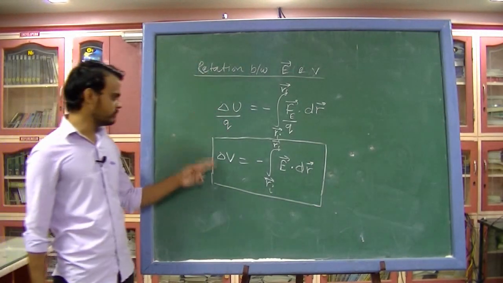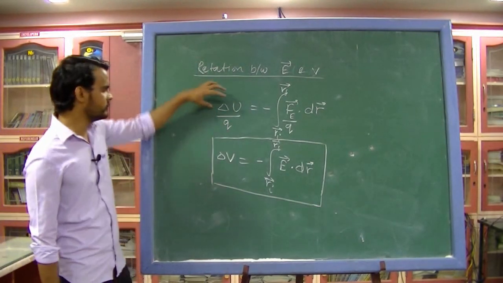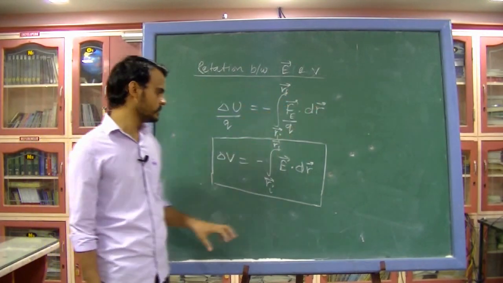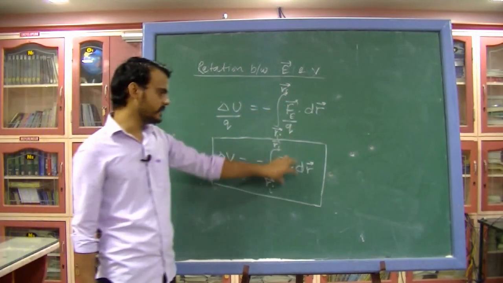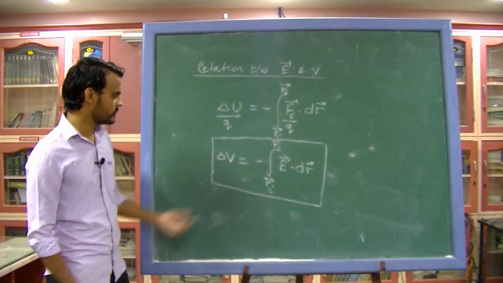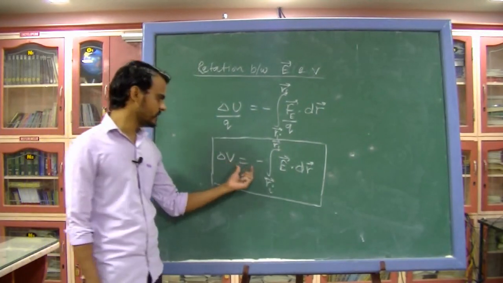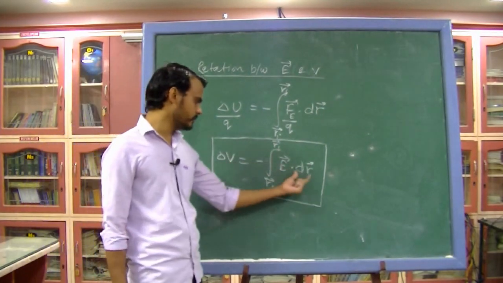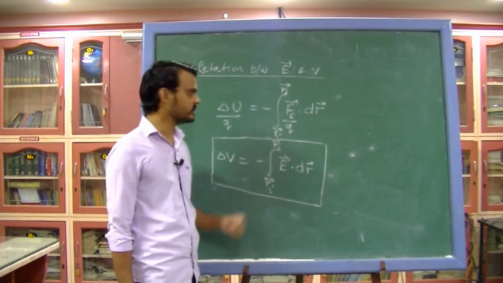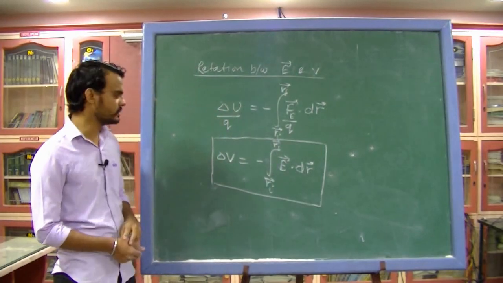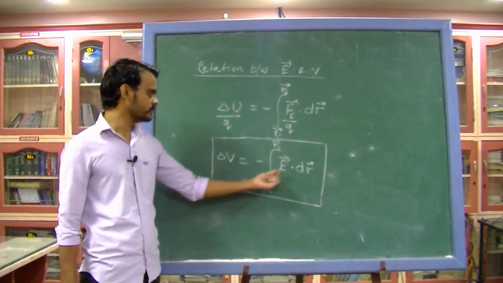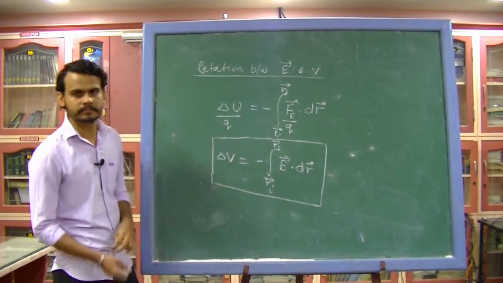If you look closely, the relationship between potential energy and force and the relationship between potential and electric field are very similar. So the change in potential can be written as minus the integration of E dot dr from r initial to r final, the same thing we did for the change in potential energy. This is the relationship between electric field and potential.